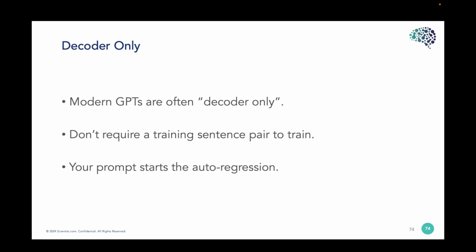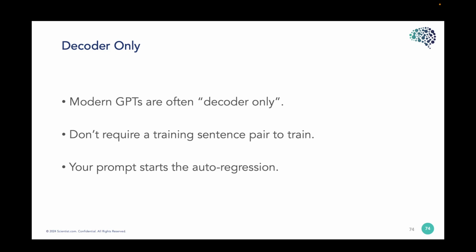You're feeding in large corpuses of text. You're training it to learn what the most likely next token is given this context. And you don't have to pair that up to create a training set. You just throw large amounts of text at it. And the way that you use that when you're auto-regressing, when you're inferring, is your prompt just goes into the decoder, just SOS, then your entire prompt.